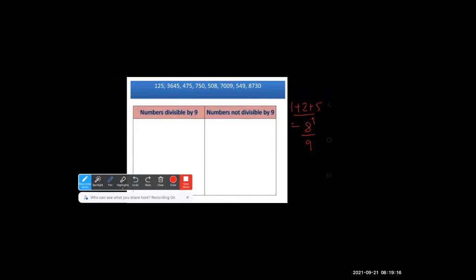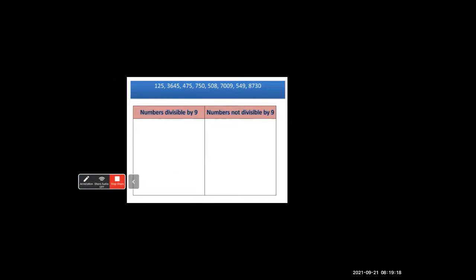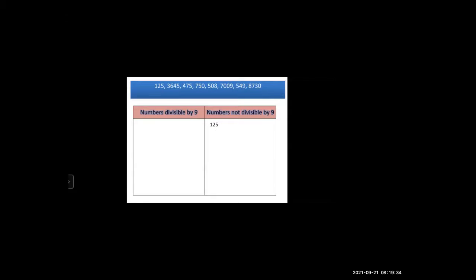Is it divisible? Yes, Manish, answer the question, beta. Not divisible by 9. Very good. It is not divisible by 9, because the sum of the digits is 8, and we all know that 8 does not come in the table of 9.